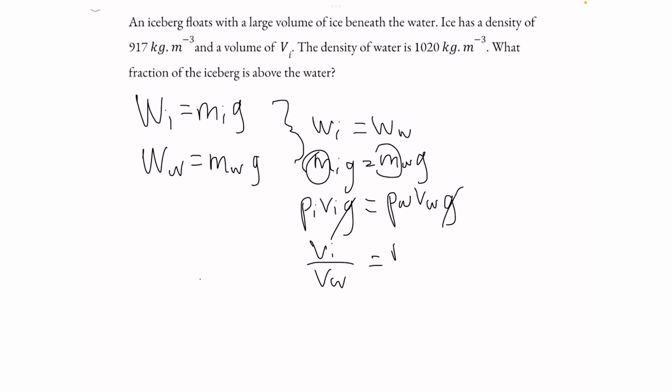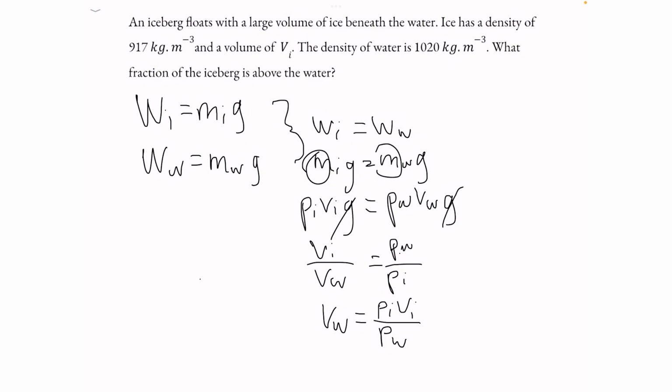V_W over V_I is equal to ρ_I over ρ_W, and we can rearrange for V_W, which is what we're looking for. So V_W is equal to ρ_I V_I over ρ_W.